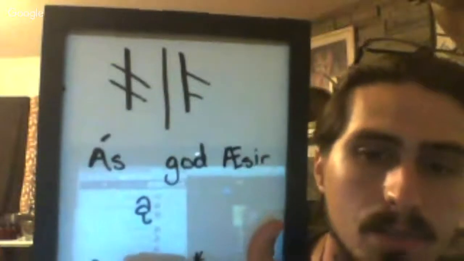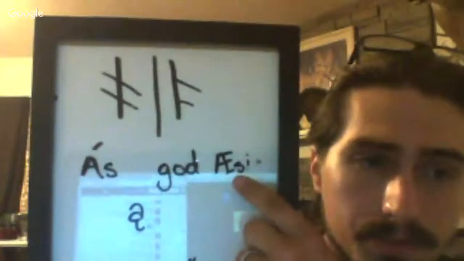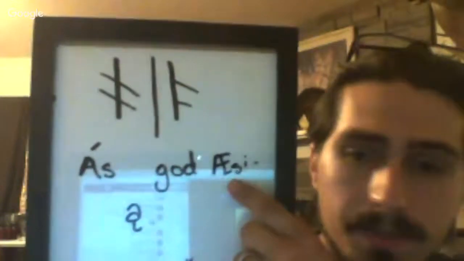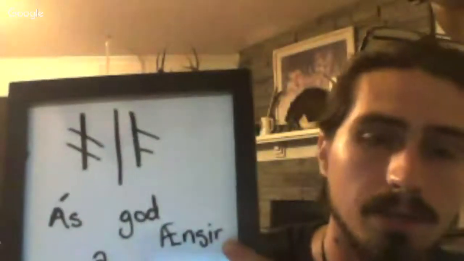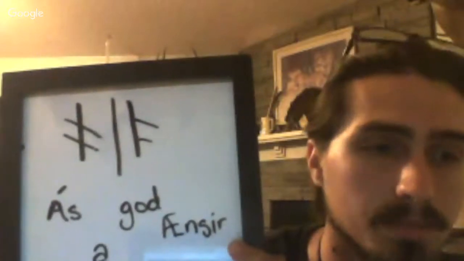So the old form of this word that I just halfway erased, and to some extent, especially among the Danes in our particular period of time, which was the Viking Age, of course, would have been more pronounced as Ansio.